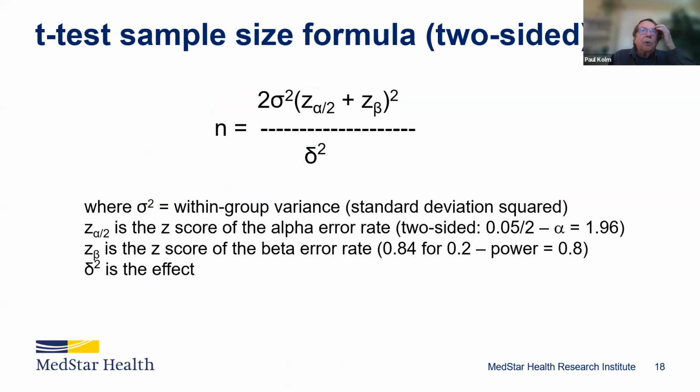So let me go through some formulas here to show you what information we need. Here's the calculation for a t-test, independent groups, two-sided. In the numerator, we have 2 times sigma squared.